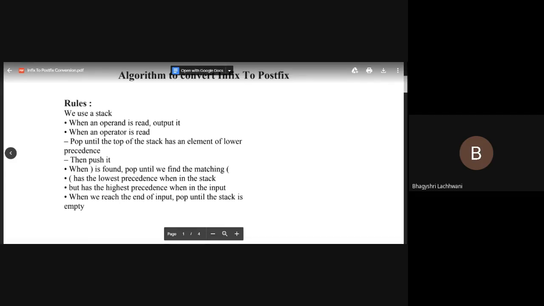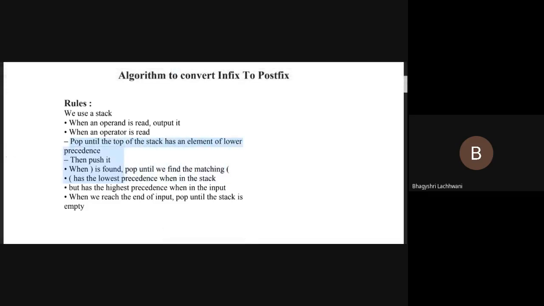Second rule, when an operator is coming, operator means plus, minus, multiplication, division, exponential, and so on, you have to pop until the top of the stack has a lower precedence. Just take an example. Already in your stack you have minus, and now the new upcoming operator is multiplication.